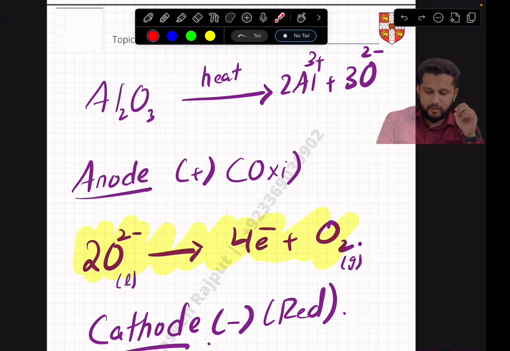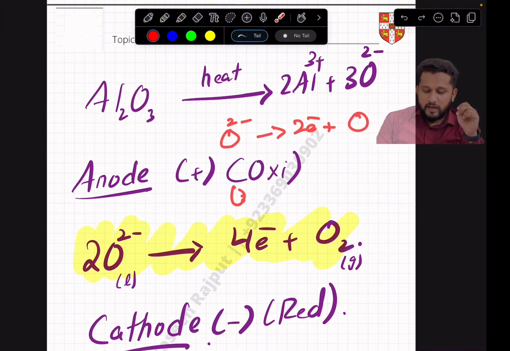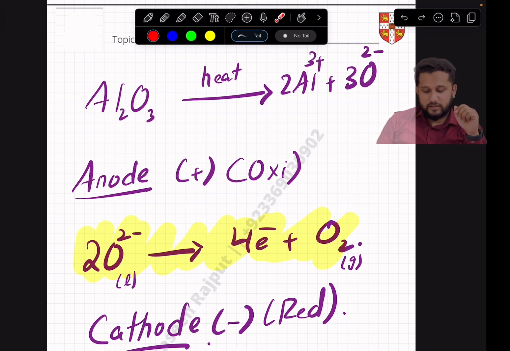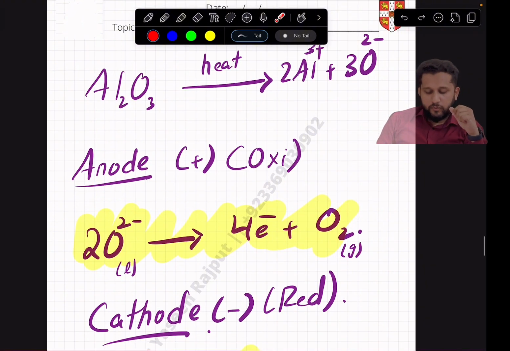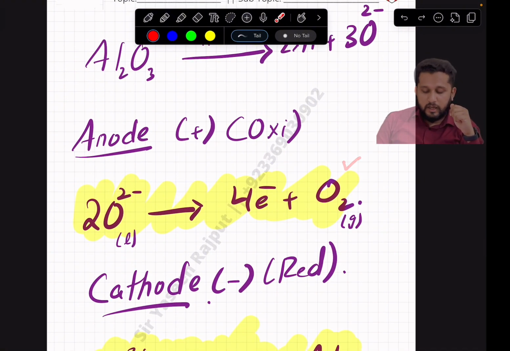One oxide ion can lose 2 electrons and become O, and 2 oxide ions can lose 4 electrons altogether, and these 2 oxygen atoms can form oxygen gas. So 2 oxide ions altogether will lose 4 electrons and form oxygen gas. This is the half-ion equation.